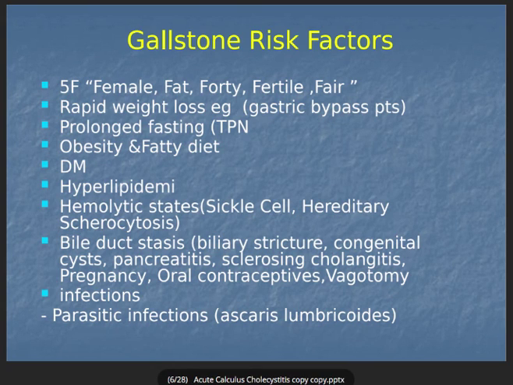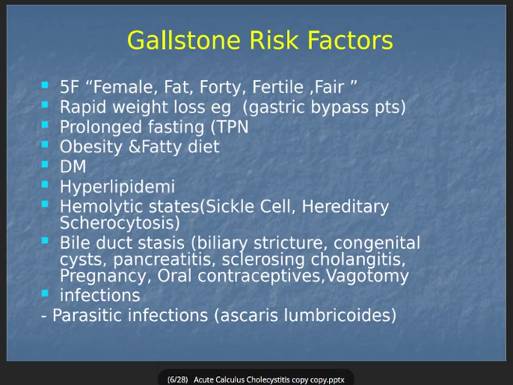Same obesity and fatty diet, we said it from the fat. Diabetics have decreased immunity and are more prone to infections. Hyperlipidemia, the same as fat. Hemolytic states, like sickle cell, hereditary spherocytosis, thalassemia also, because the same as the issue of cholesterol, these are bile pigments.